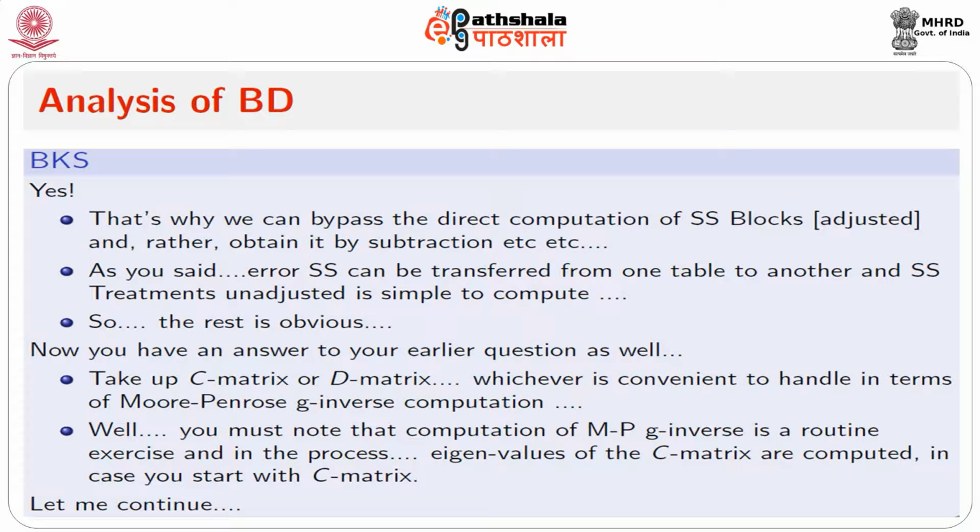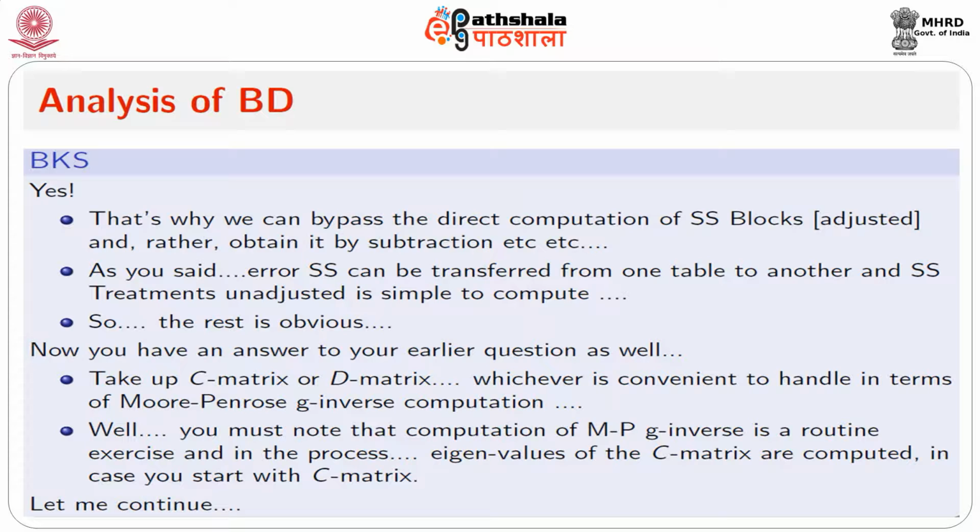If you look at the two tables side by side, from one table you get the treatment sum of squares adjusted by going through the computation of C, C plus, etc. And in the other table, you simply transfer the error sum of squares and then you get the sum of squares due to blocks adjusted without going through any heavy computation. As you said, error sum of squares can be transferred from one table to the other, and sum of squares due to treatments unadjusted is very simple to compute.